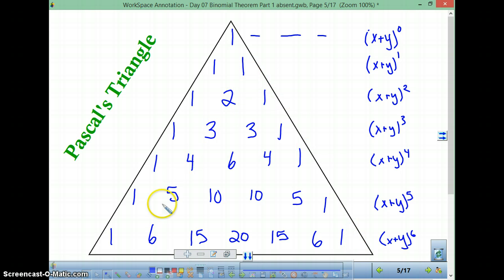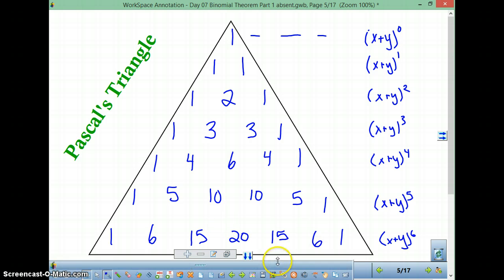The second coefficient relates to the number that we're expanding by, the exponent. So the second coefficient is always the exponent. If I take x plus y cubed, the second coefficient is a 3. That helps us know what line we're going to need.